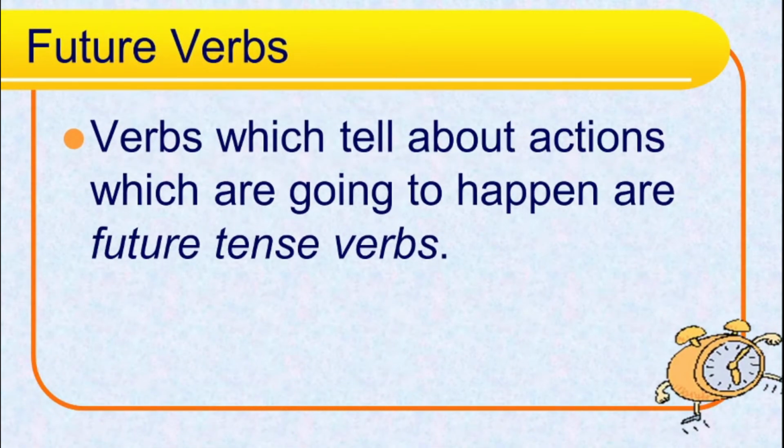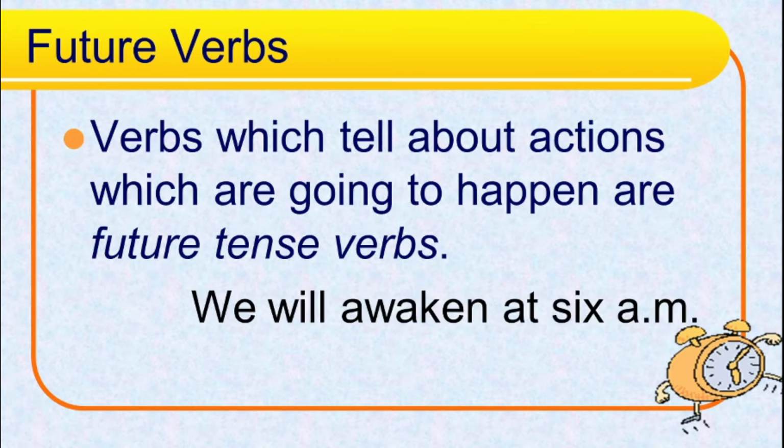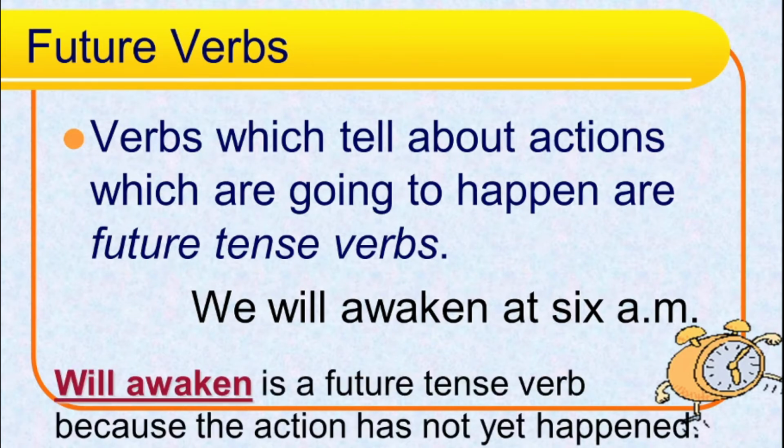Future verbs. Verbs which tell about actions which are going to happen are future tense verbs. Example: we will awaken at 6 a.m. Will awaken is a future tense verb because the action has not yet happened.